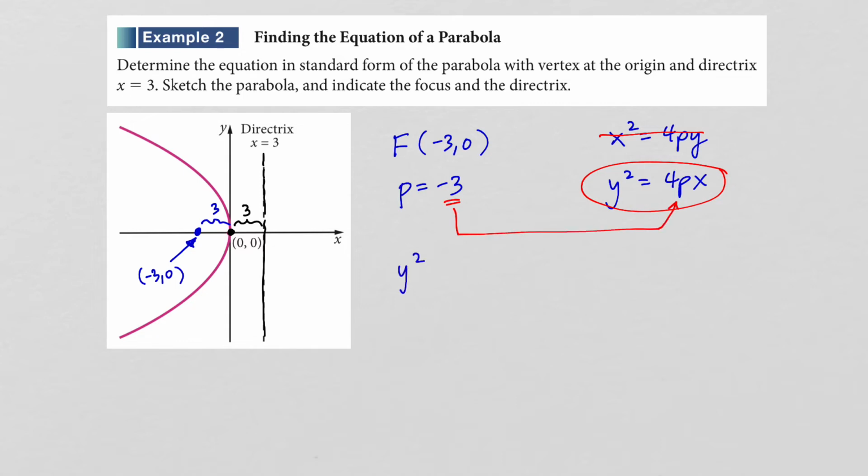If we do so, we get y squared equals 4 times -3 times x, and that says y squared equals -12x. So here is the equation of the graph that you see here. And in that graph, here is the focus, and the coordinates of the focus are -3, 0.